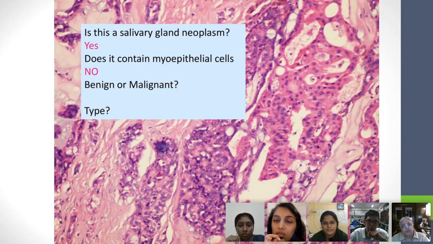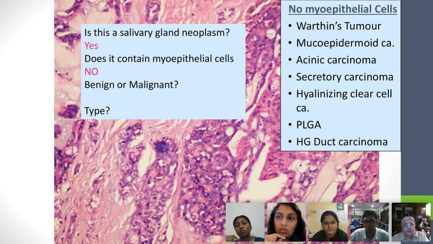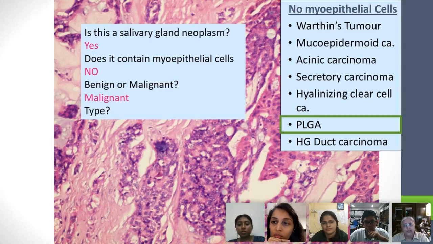Will this ever be seen in a mucoepidermoid tumor? It's highly unlikely, right? There are oncocytic variants of mucoepidermoid tumor, but then they are nearly all oncocytic. You can't suddenly find this kind of appearance. So, now tell me, what is the type? Everybody agrees? It is malignant. The type is polymorphous. It's a tumor full of ducts. It's making ducts. And now we know that this is PLGA.